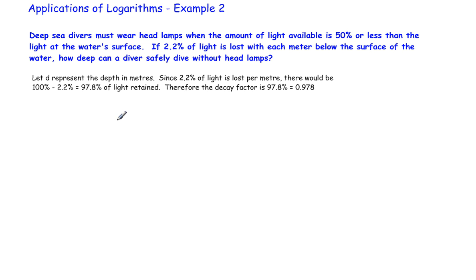So our final amount would be 50% of the light. And our initial amount, or our starting value, is 100%. And we're going to decay by 0.978 raised to some exponent d.